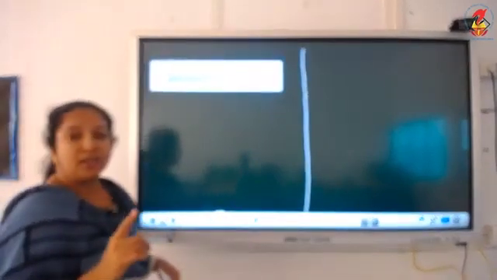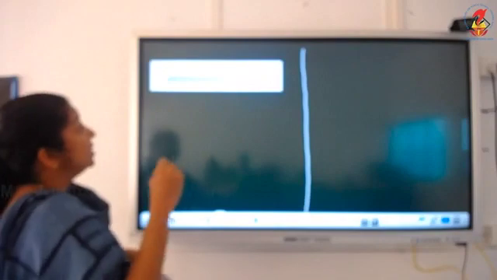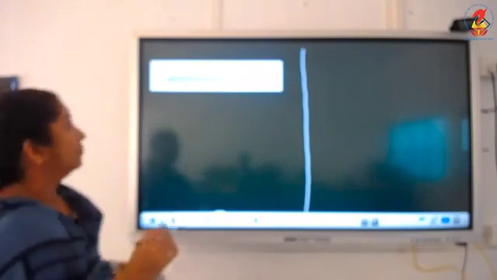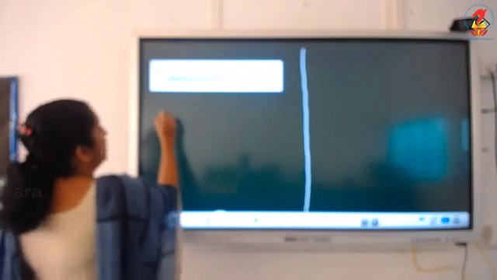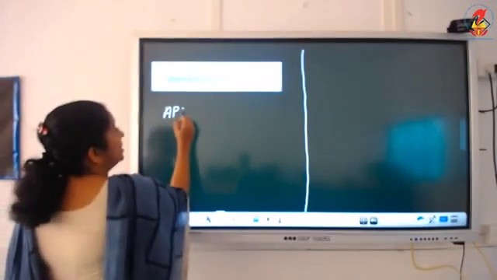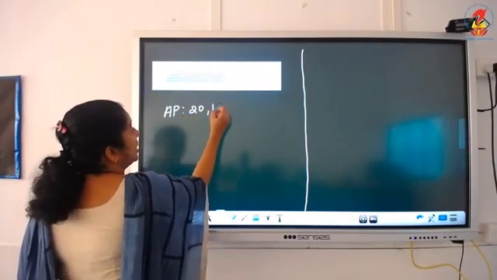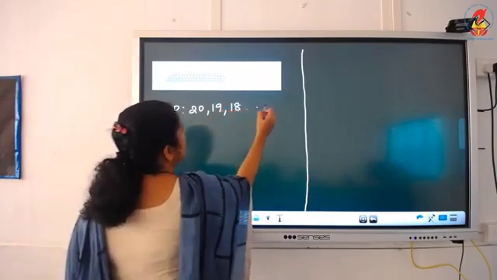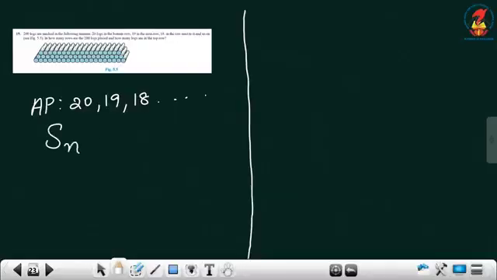That we have to find, n, and how many logs are in the top row? That means we have to find an. What is given to us? The AP is given as 20, 19, 18, etc. and the sum Sn is given as 200. Total 200 logs are there.